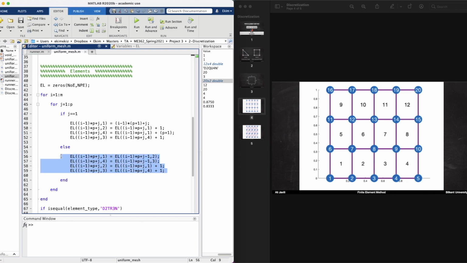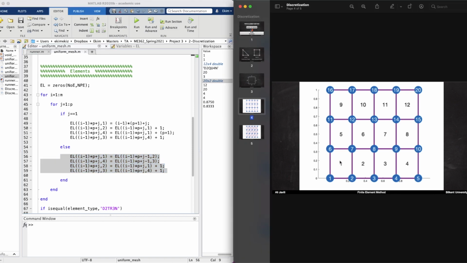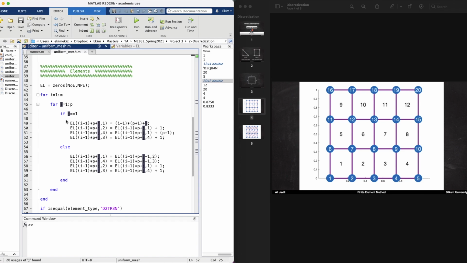But in order to be able to do that, we need to have the information of the first element of every row, right? So this part of the code gives us that information. So let's see what it does. Well, firstly, we see that there's an if condition, and it checks if j is equal to 1. And remember, j is from 1 to p.